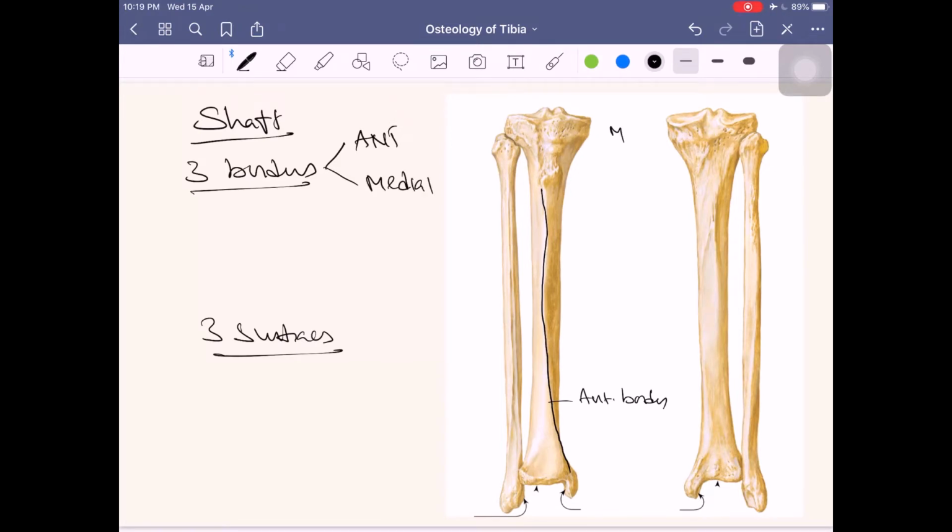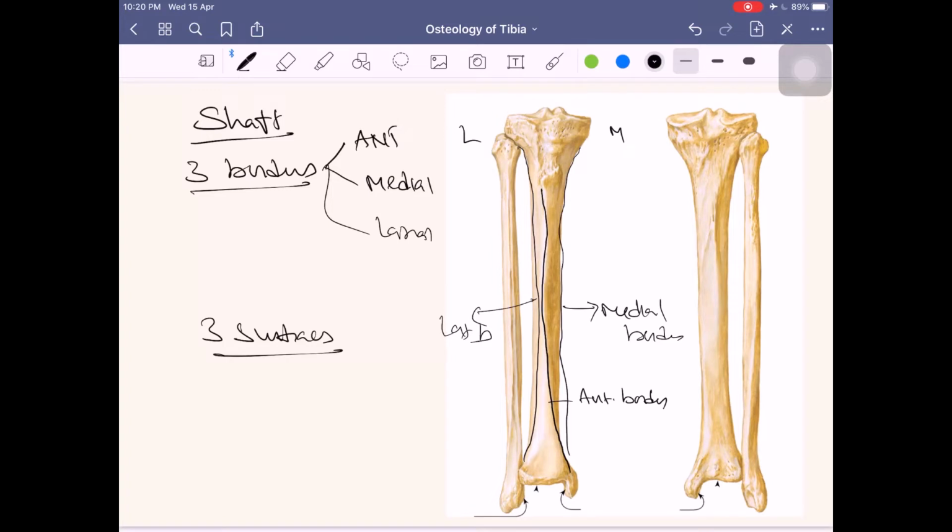So medial border, this side is medial, this is lateral, because fibula is lateral bone. So this border what we are seeing, this one is a medial border. And then there is a lateral border. So definitely on this side, sorry, this is a lateral border.